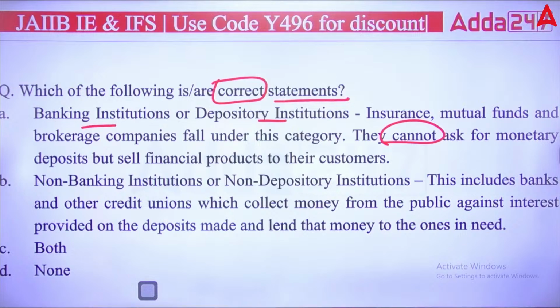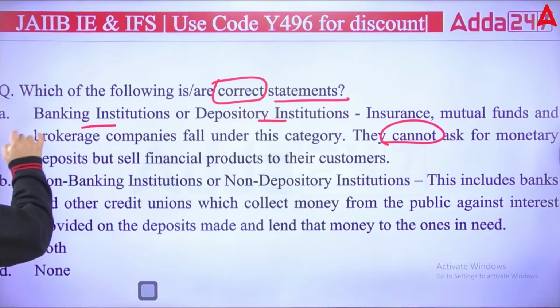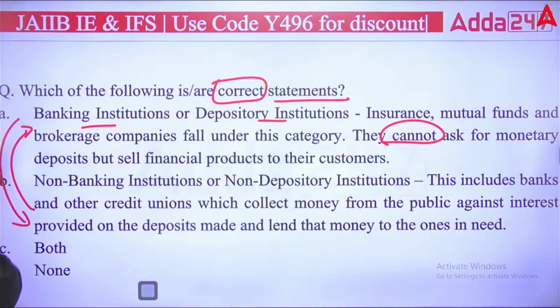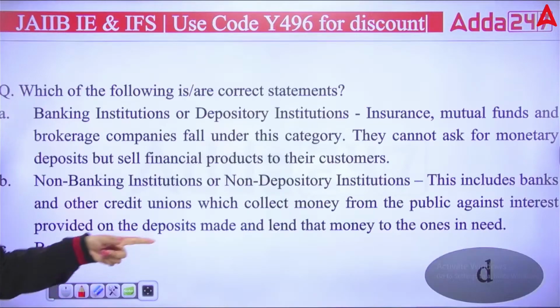And actually the statements, the definitions, have been interchanged. The option B talks about the banking institution and the option 1 talks about the non-banking institution. It means none of the above are the correct statement. Both are incorrect. Very good, none. So the right answer will be your D.